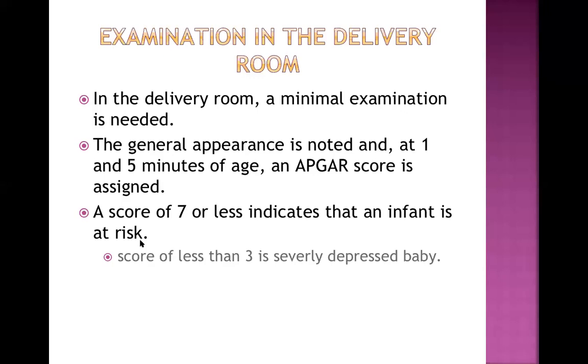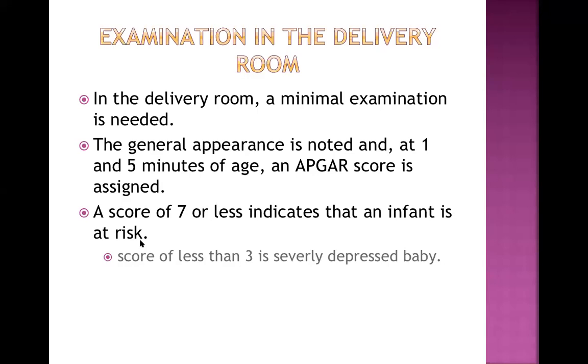So we recalculate the Apgar score again at 5 minutes. If the baby who had an Apgar score of 5 at 1 minute became 8 at 5 minutes, or even 7 at 5 minutes, I'll be quite satisfied. Probably in the beginning the baby was taking time to adapt to the new environment, but after 5 minutes the baby has done it.